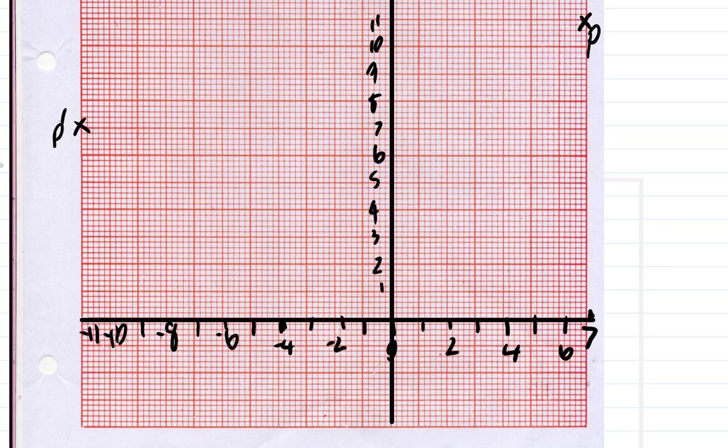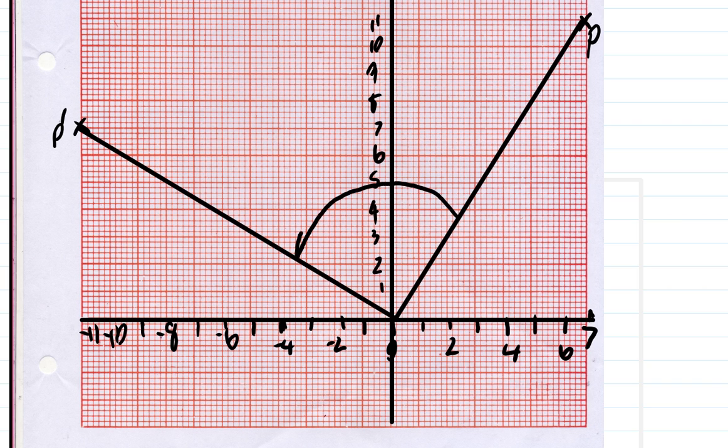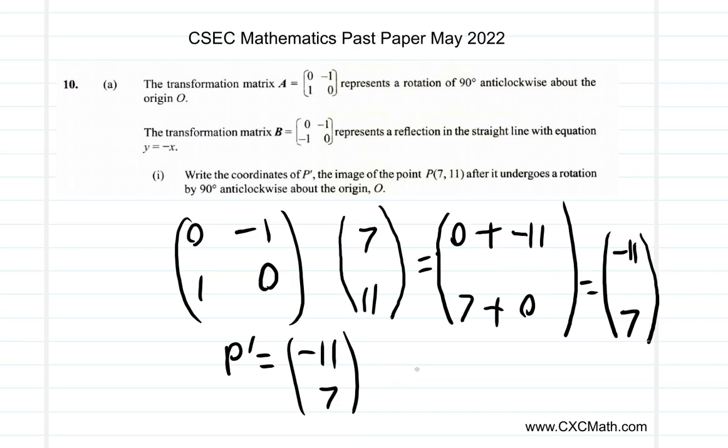That's P prime. Now, if you join a line from the origin to P and a line from the origin to P prime, it shows that indeed it is a rotation of 90 degrees anti-clockwise about the origin. So that is just a visual representation of what is happening there.